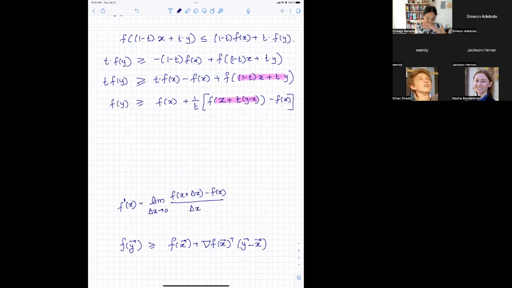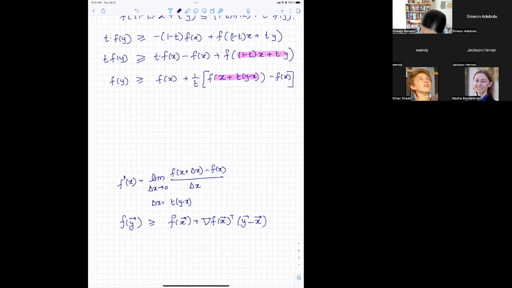And if here I have a t in the denominator, so not quite a delta x, the units are off. So to make this match up, what do I want to do? I want to say, if I have delta x equal to t times y minus x.